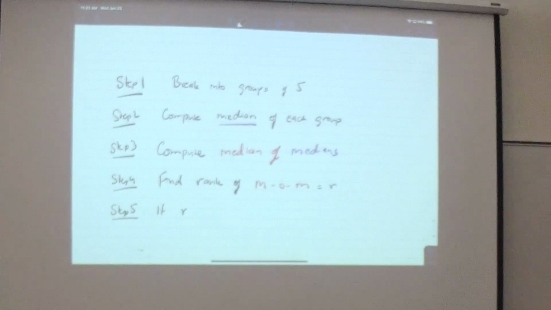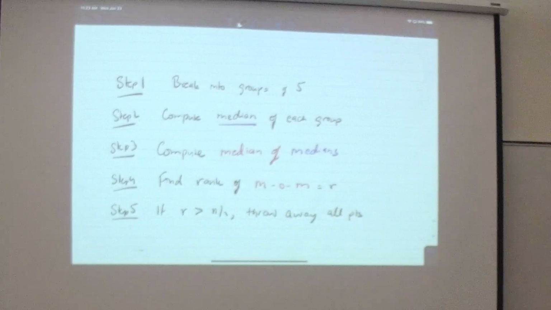If R is greater than n over 2, throw away all points. So the rank of my red median is more than n over 2.